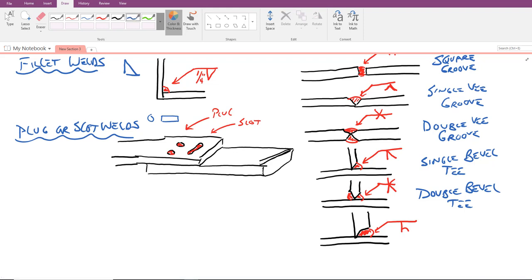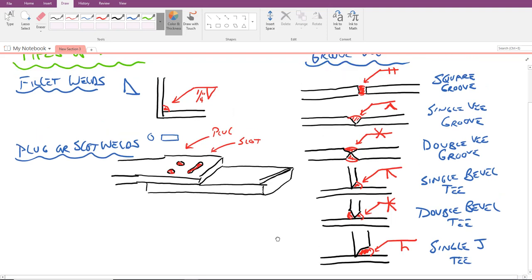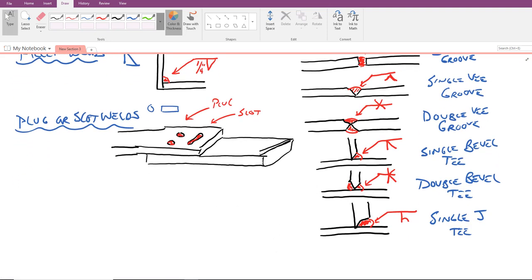This one's called a single J T. Not sure why they simply refer to that as a J without spelling it out like they do the other ones. But there you go. Some common types of groove or butt welds.